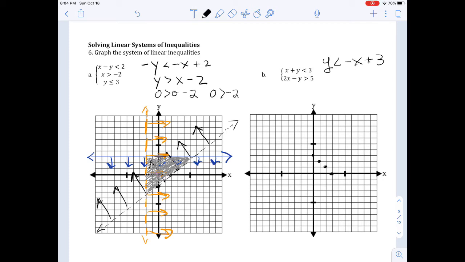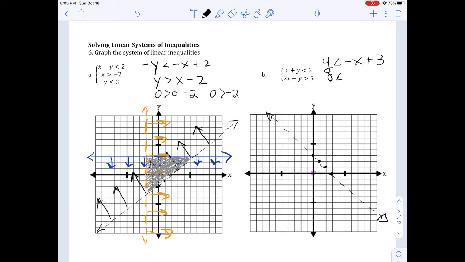So I graphed my first line, negative slope, again dashed. We determine our test point to decide if we're going to shade on the section below or above. For this one, again, it's kind of easy to use a test point of 0, 0. So there's my point 0, 0.